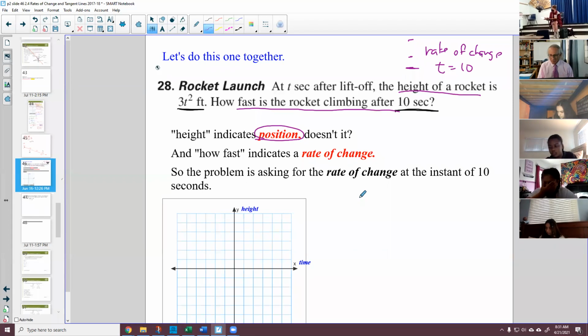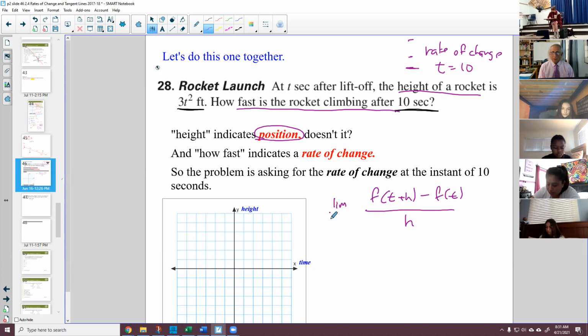Would it be f of t plus h minus f of t over h? You are almost there. You're missing one thing. We want the limit as h approaches 0.